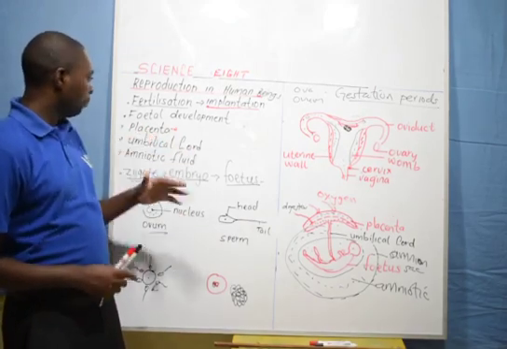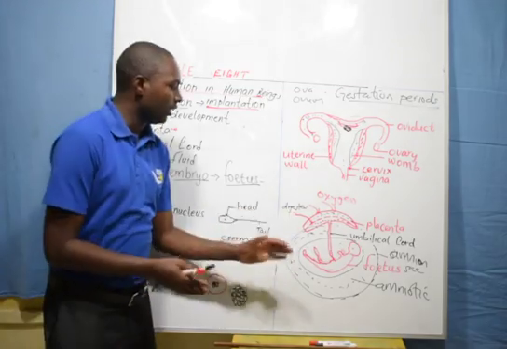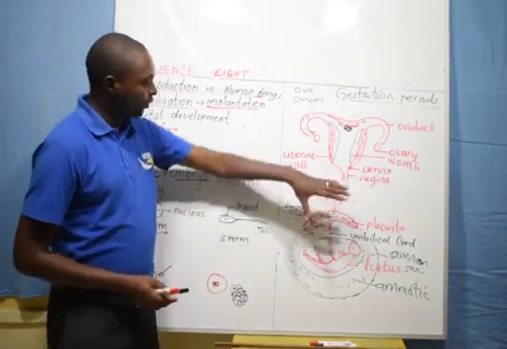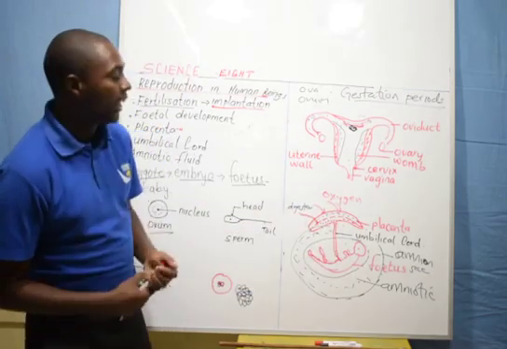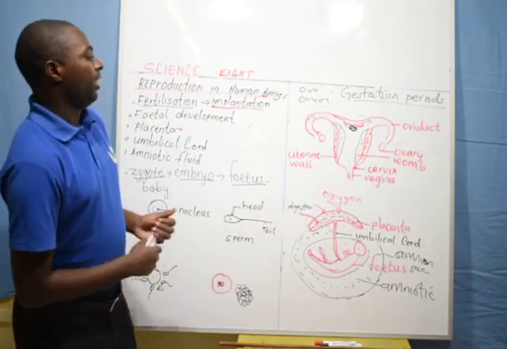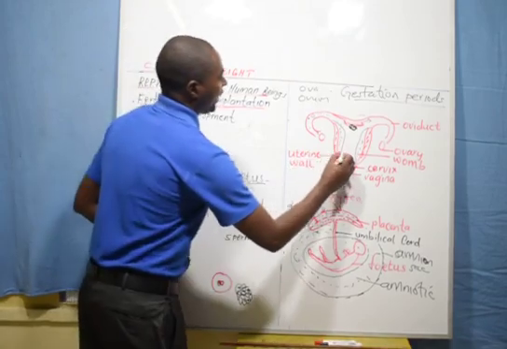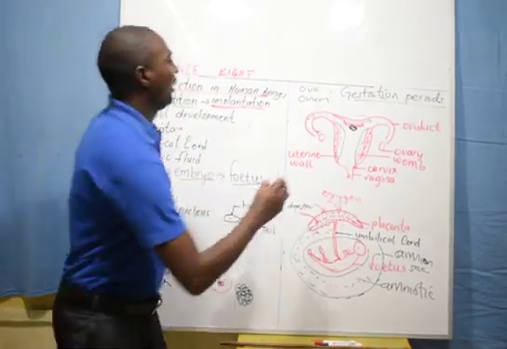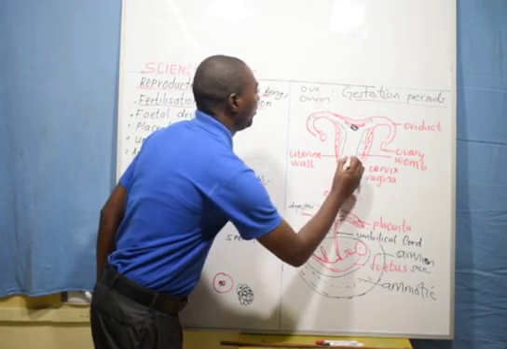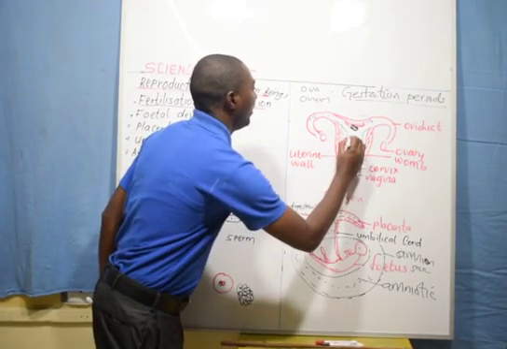Then I also want to discuss the importance of the placenta. I've said the placenta is an exchange organ, where there is exchange of digested food and oxygen from the mother, then carbon dioxide and waste in the form of urea from the fetus. Then before the child is born, the head of the child should be facing downwards, the legs up.